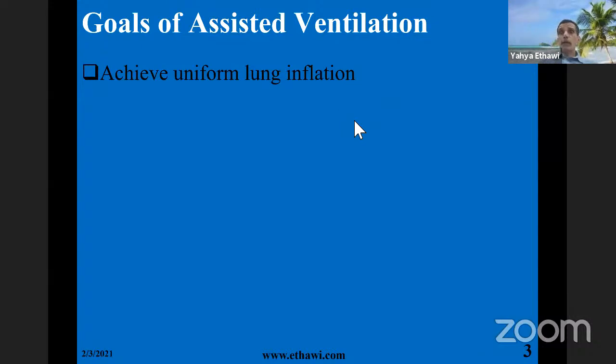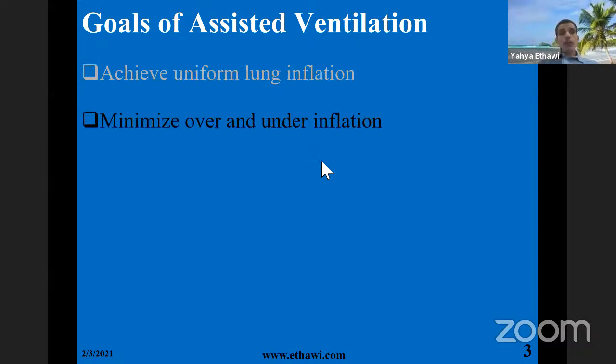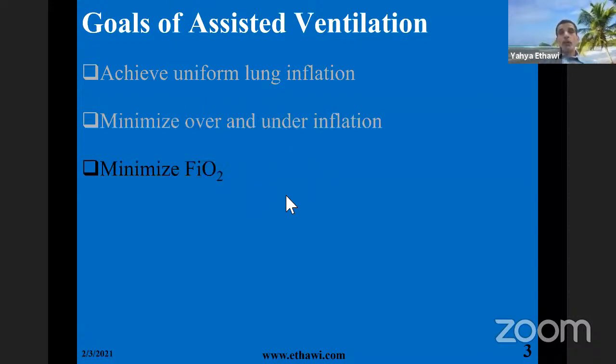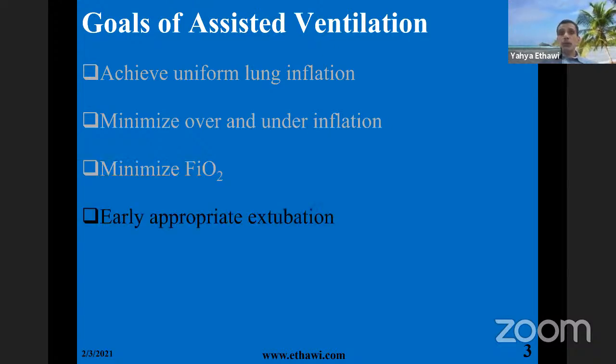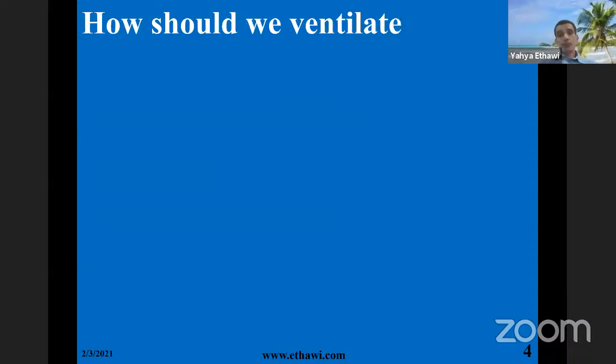So our aim is to achieve a uniform lung inflation, but most of the time that is difficult. The second aim is to prevent the over-ventilated area or under-perfused area, so we always like to go to the matching zone. We need to give as little oxygen as possible, and we need to extubate as early as possible.